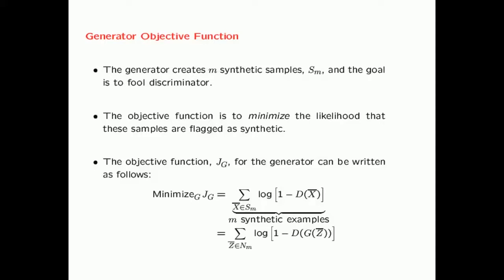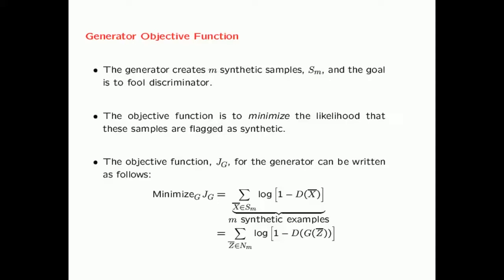Now let's look at the generator objective function. The generator creates m synthetic samples, and the goal is to fool the discriminator. So the objective is to minimize the likelihood that these samples are flagged as synthetic. The objective function J_G for the generator can be written as minimize over G of J_G, log of 1 minus D(x).